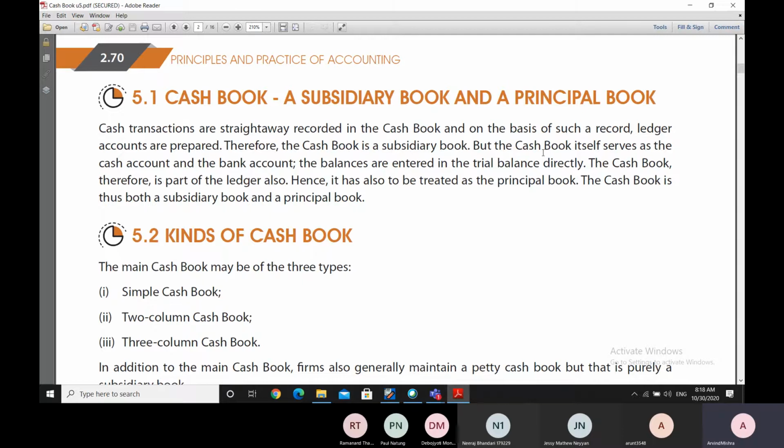And because cash book in a sense is part of the ledger, and ledger is called the principal book, therefore cash book is also to be treated as the principal book. So we can say that cash book is both. It is a subsidiary book as well as a principal book.